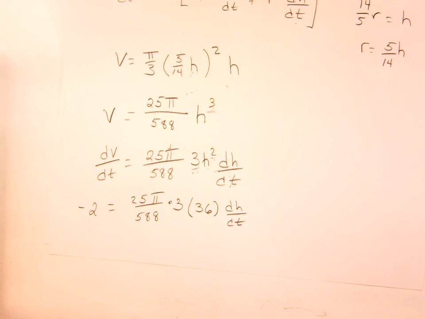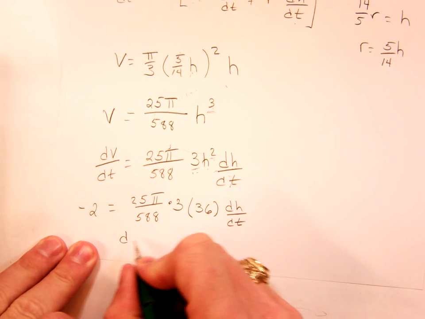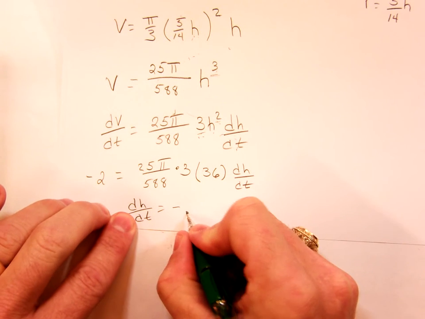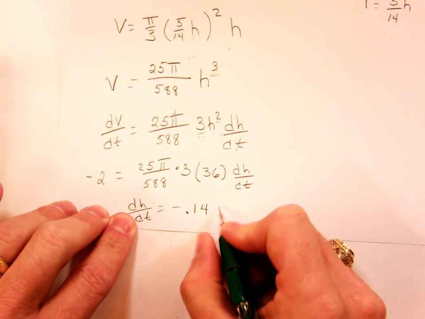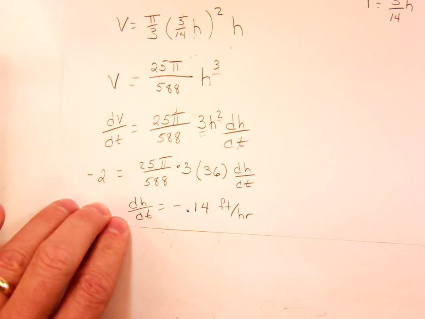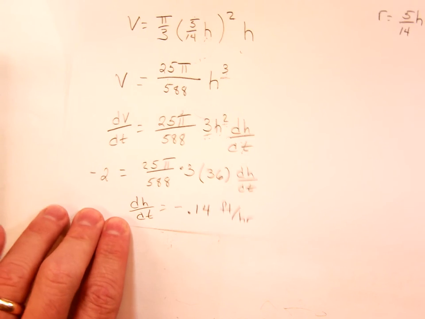So 2 times 588 divided by 3 divided by 36 divided by 25 divided by pi, I get dh dt is equal to negative 0.14 feet per hour. Okay?